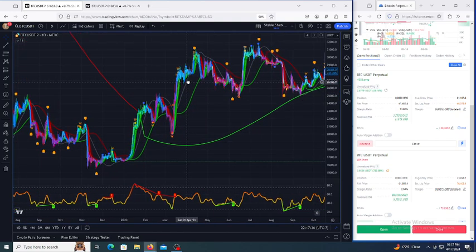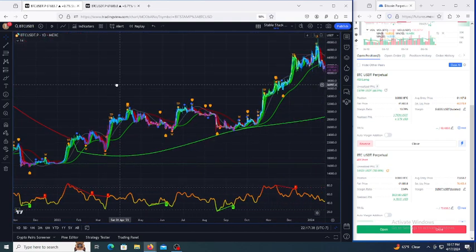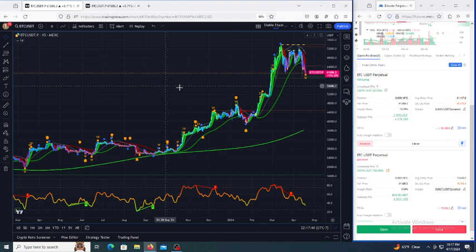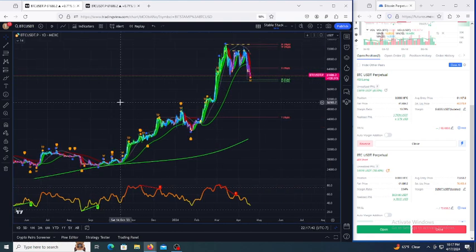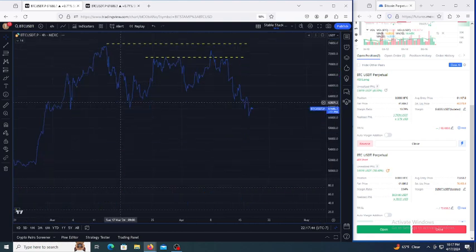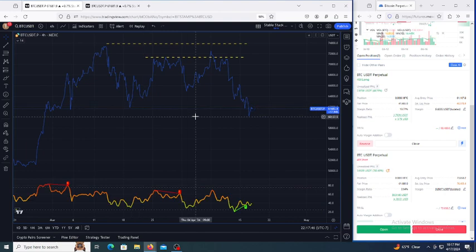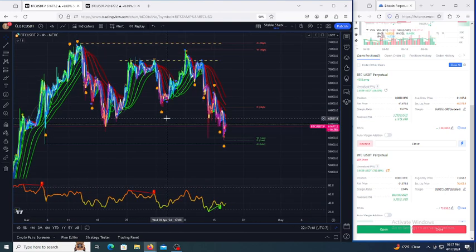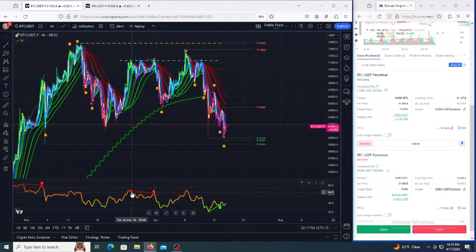Let me go to some lower time frames. Okay, let's go to the 4 hour. Here on the 4 hour, see we got this divergence. It's actually an M, and then it dips below and the divergence came.